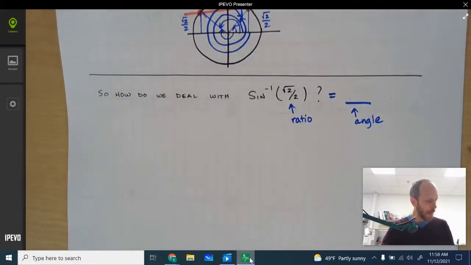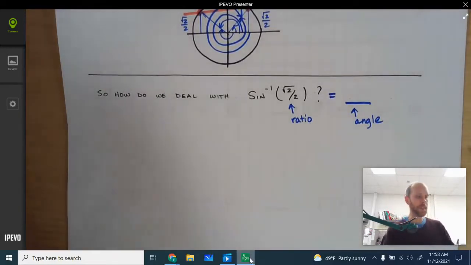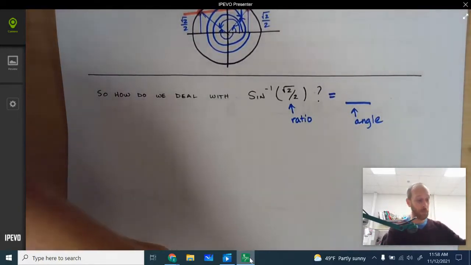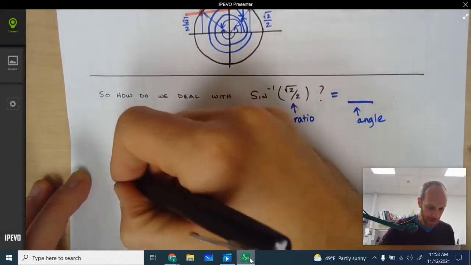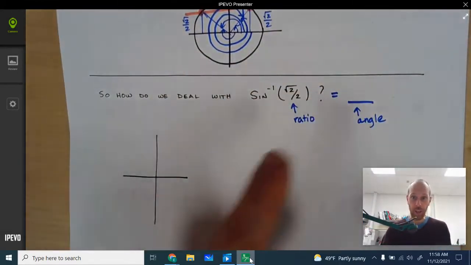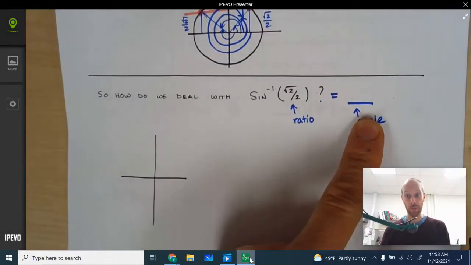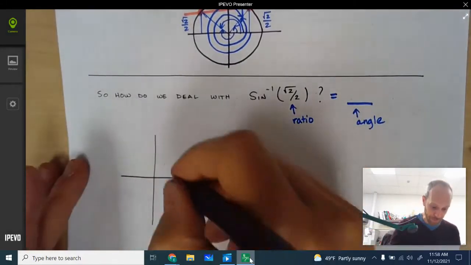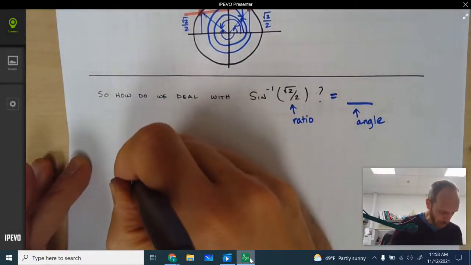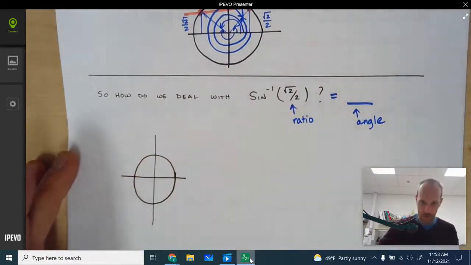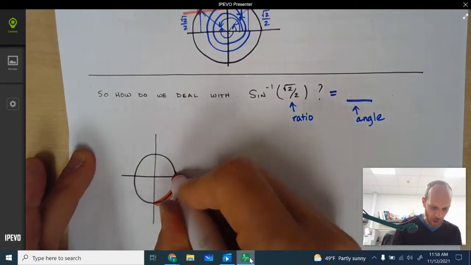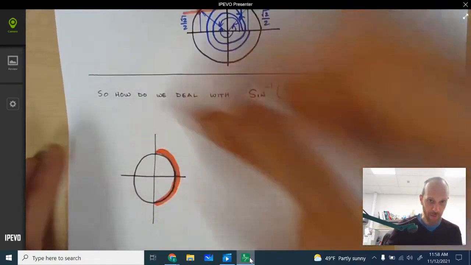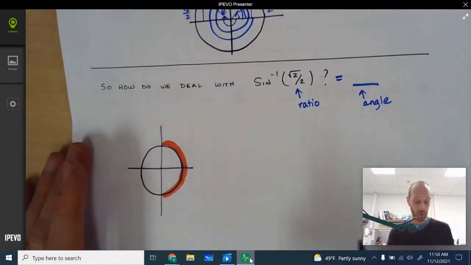Well, what mathematicians have decided to do, and they decided this a long, long time before you and me, is this. They said that since a function can only have one output, only one angle can pop out. What we're going to do for sine is we're going to say, take the angle that is on the branch on the right side of the unit circle.